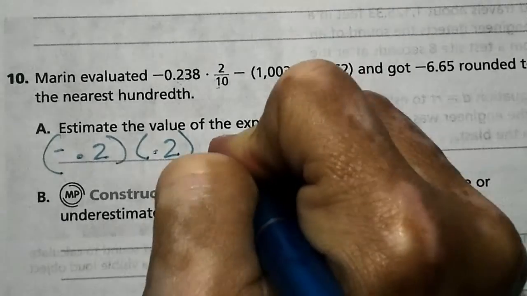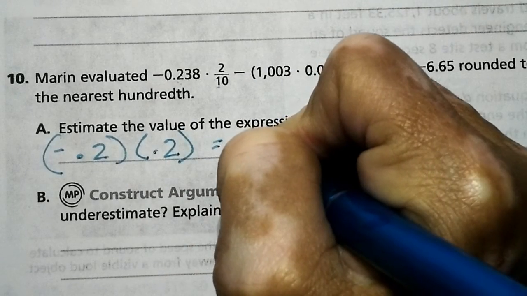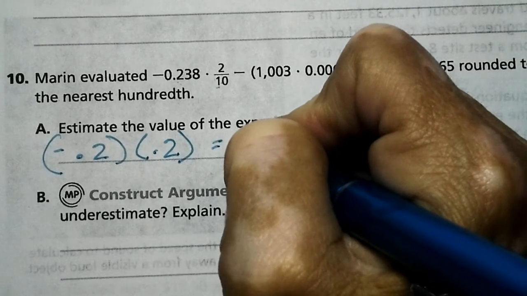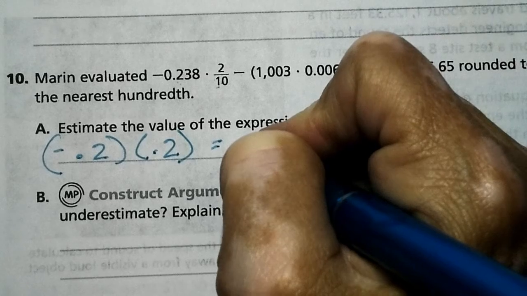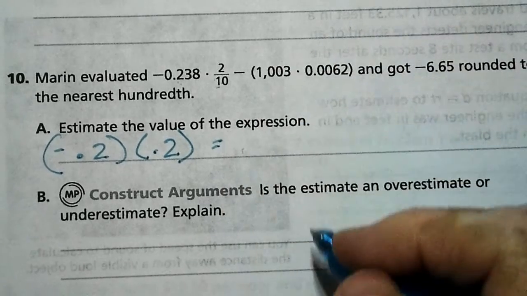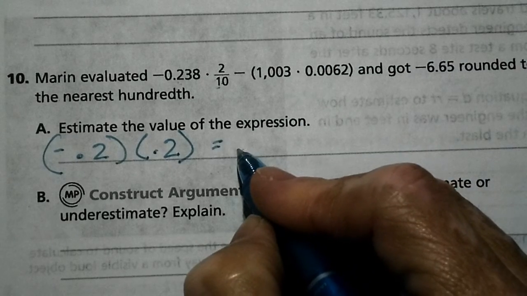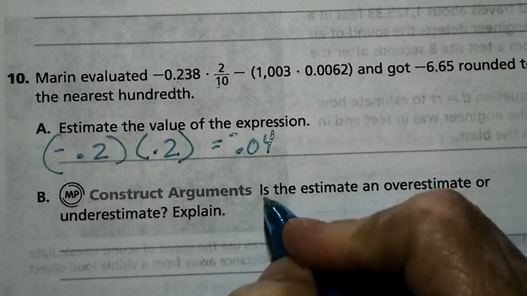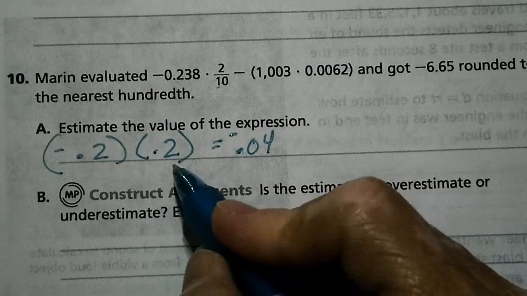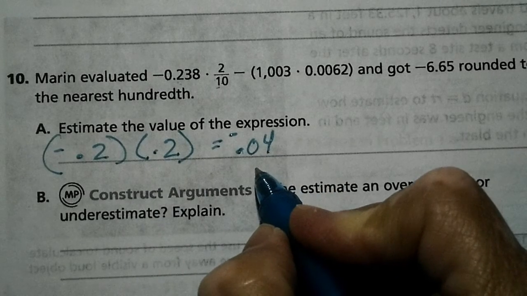Yeah. So that would be what? Wouldn't it be 0 since they kind of cancel each other out? We're multiplying. That's adding and subtracting. Oh, I'm done. No, you're not. So 0.2 times 0.2 is 0.04.